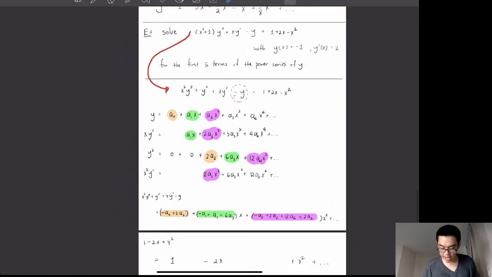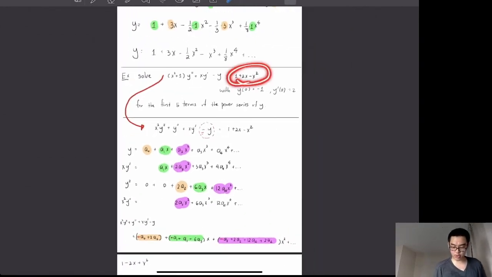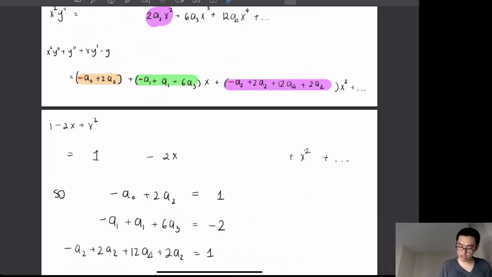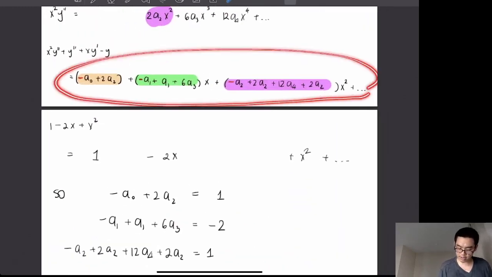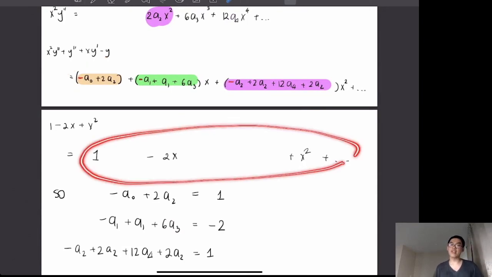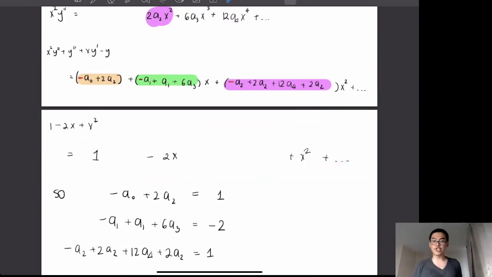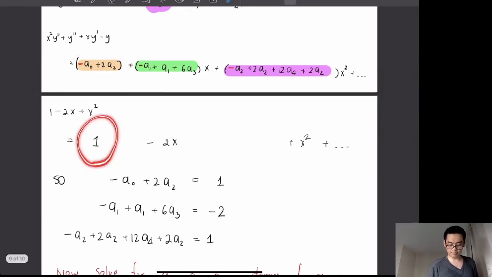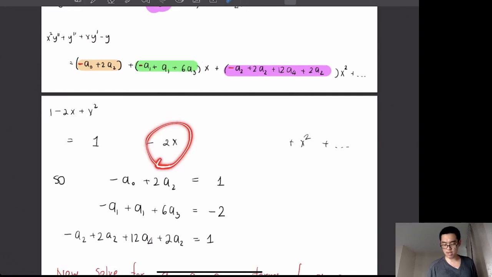Now it is 1 plus 2x minus x squared. The key is we compare the coefficients, meaning the thing in front of x should be the same, the thing in front of x squared should be the same, and the constant term should be the same. So in other words, these are the same, these are the same, and these are the same.